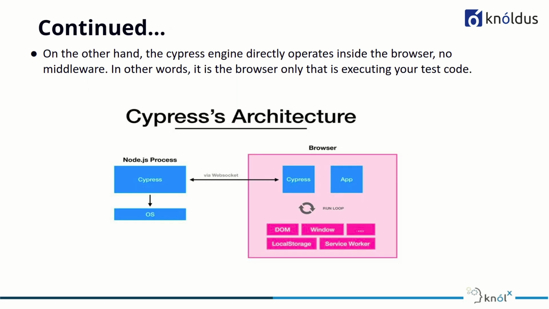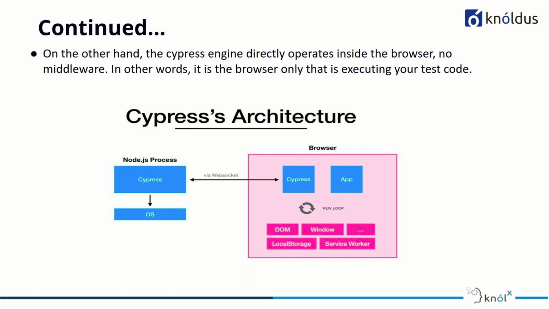Now coming to the architecture of Cypress, the Cypress engine directly operates inside the browser. There is no middleware here. In other words, it is the browser itself that is executing your code. So firstly, this architectural difference, the absence of middleware, makes Cypress much more lightweight than Selenium.